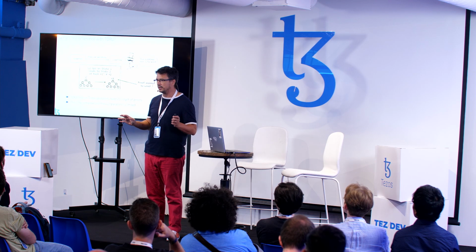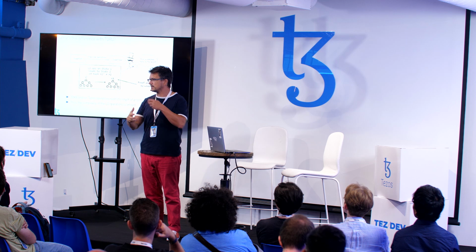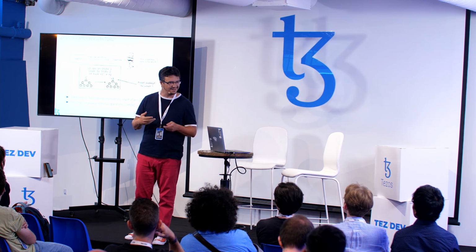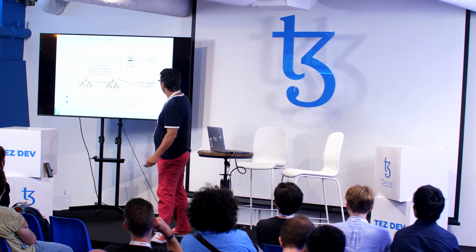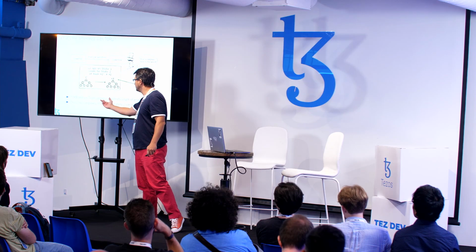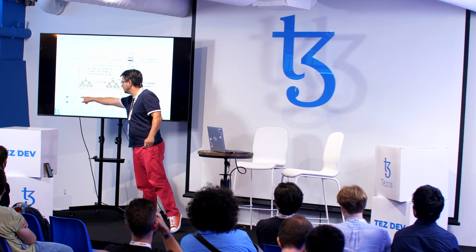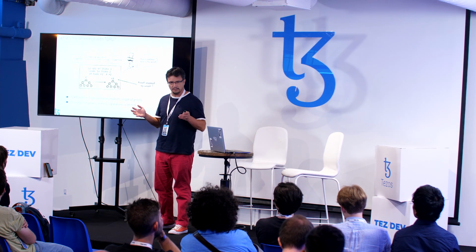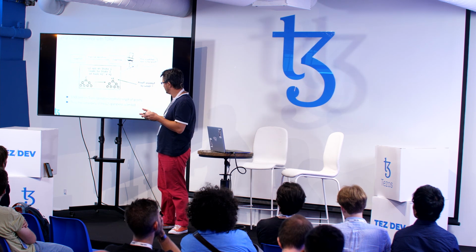And that's a single operation. So that's nice. It means that you know very quickly that someone has cheated. But the problem with that is that it limits the complexity of the L2 operations. Why? Because Tezos operations are 32 kilobytes. They are limited in size.